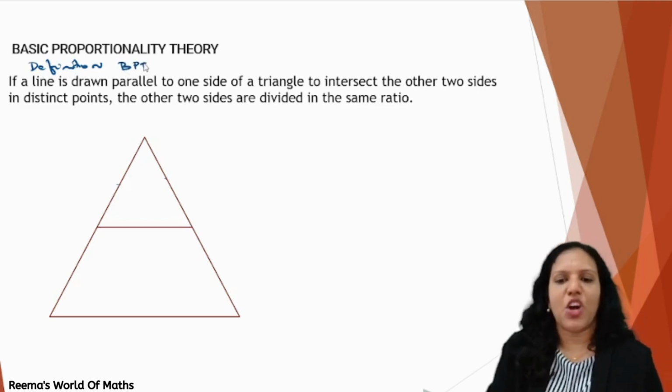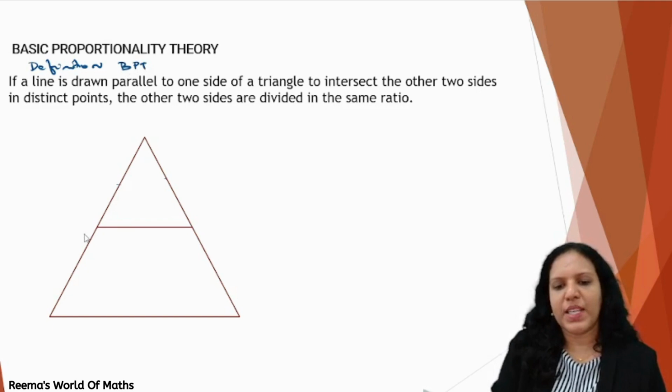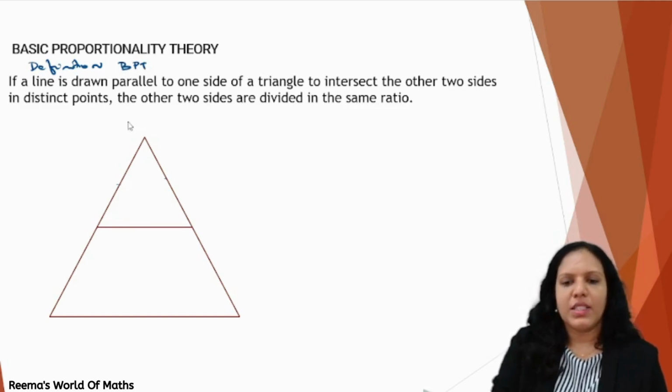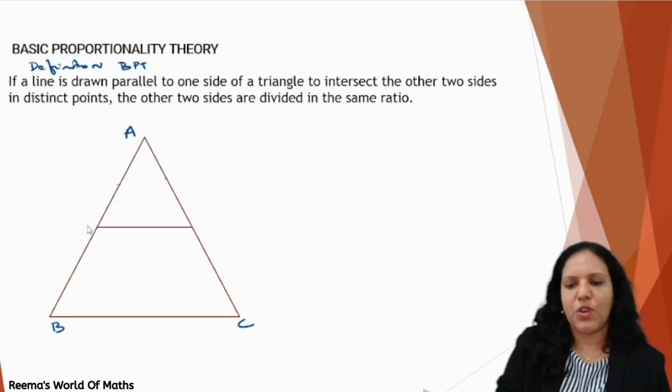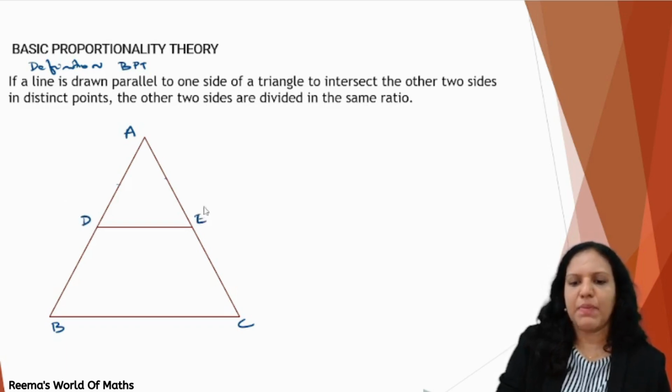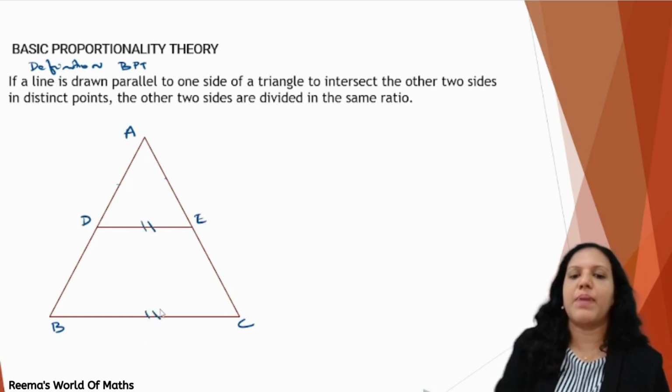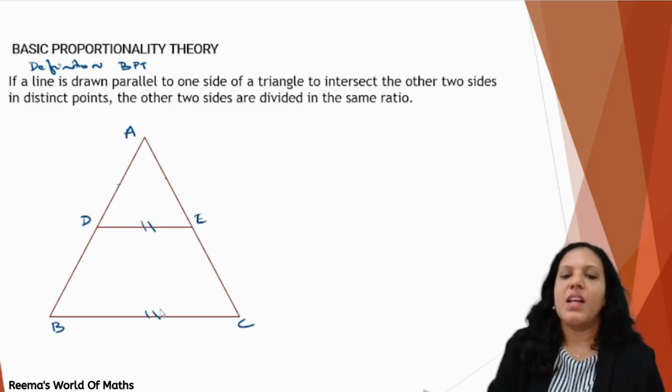So if a line is drawn parallel to one side of a triangle, we can see in the picture the triangle. Let's consider this as triangle ABC. We have drawn a line which is parallel to BC. Let's name it DE, and it is parallel to BC. In that case, the basic proportionality theorem says the other two sides are divided in the same ratio.